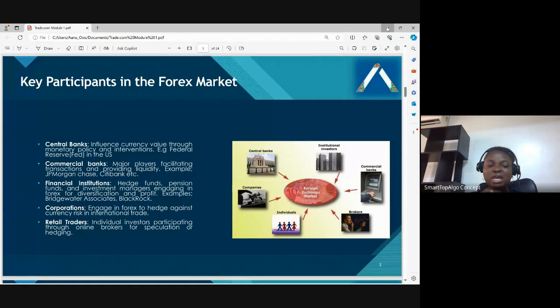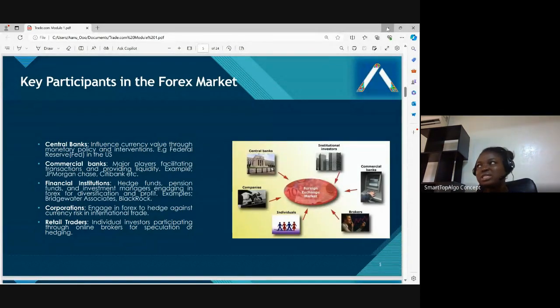So the job of the central bank is basically to regulate the value of their currency. The central bank is not there to make money from speculation like us. They are there to regulate the value of their currency. Now, how do they regulate it? They regulate it through different monetary policies.